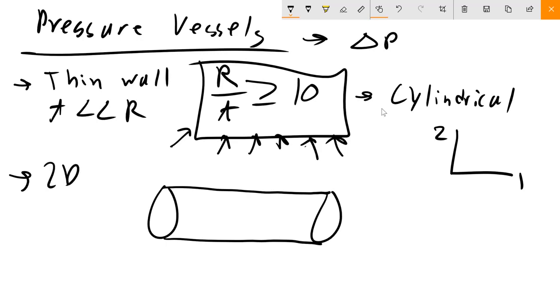The reason is that if you cut through the thickness, this being a cylinder, and make a cut in half, you'll see that there's no variation in the stress through the thickness of your material. So you could just treat that as a surface.